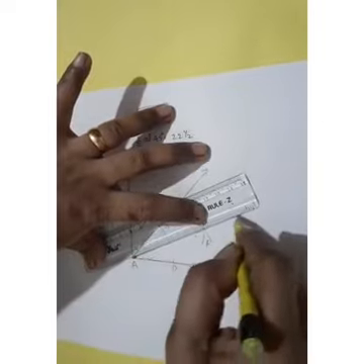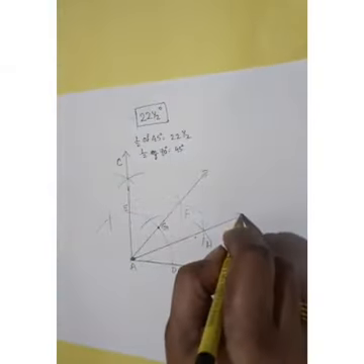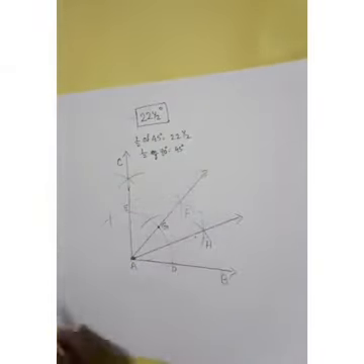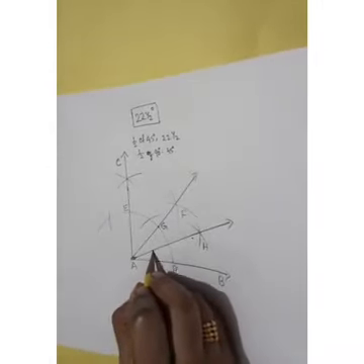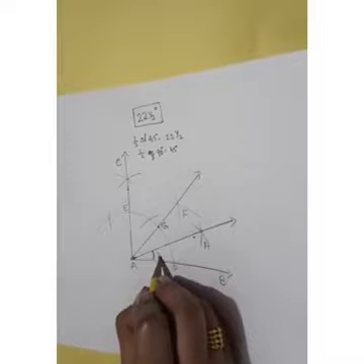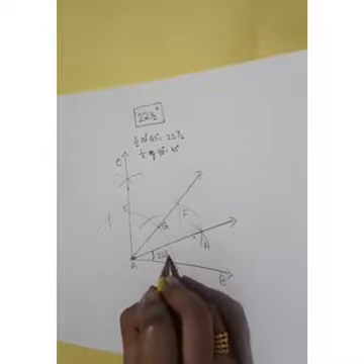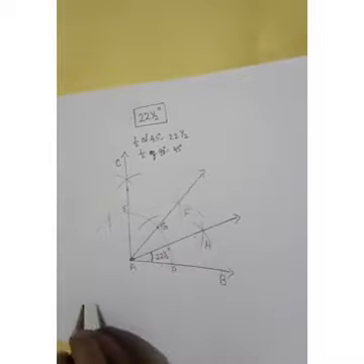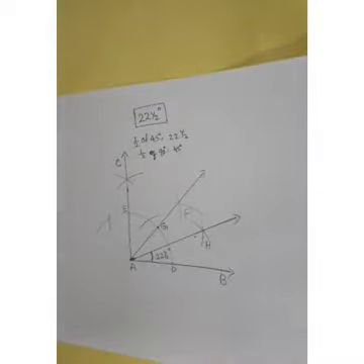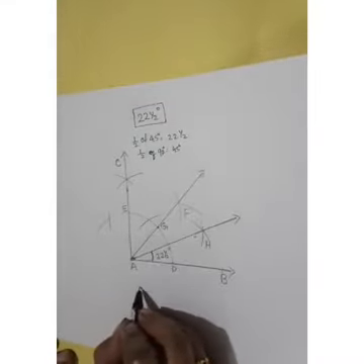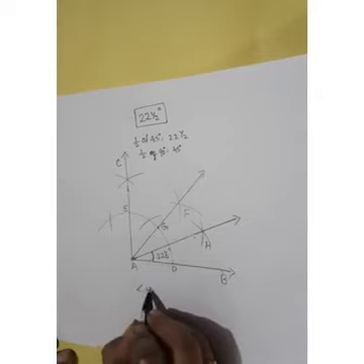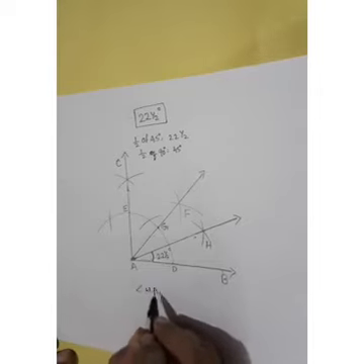That is our required angle. Not this ray, the angle formed here. This angle is our 22.5 degree. So the required angle is angle HAB.